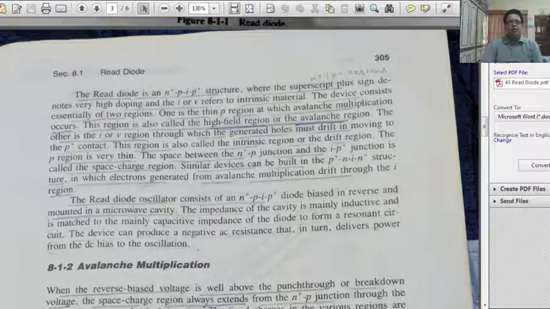The Read diode oscillator consists of an N plus P I P plus diode biased in reverse.